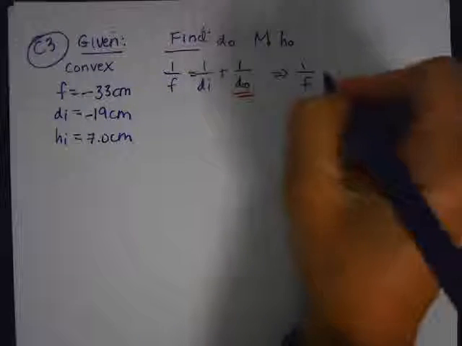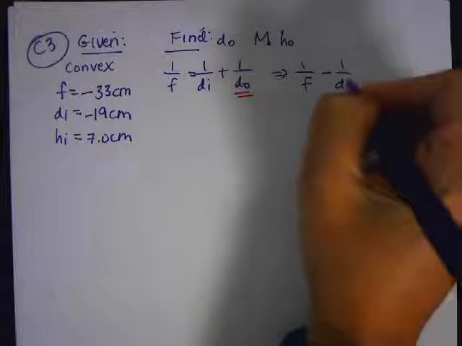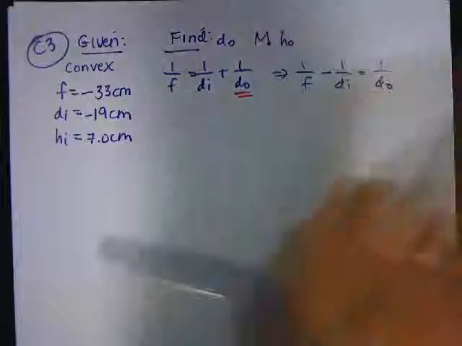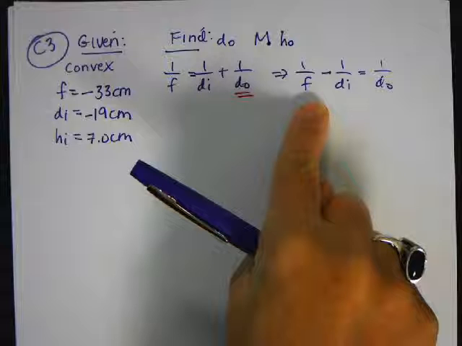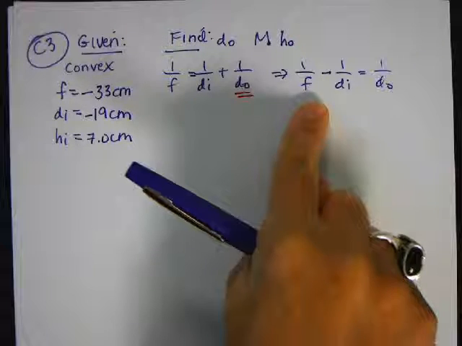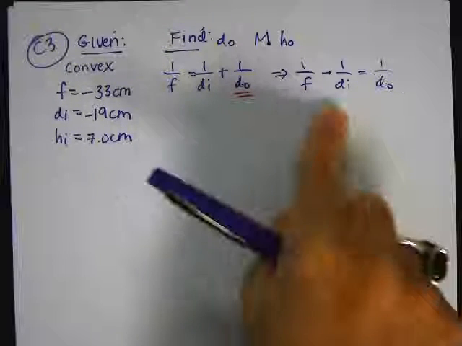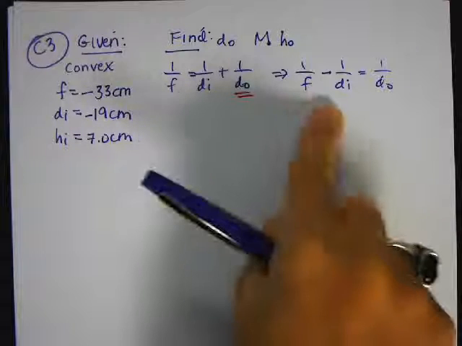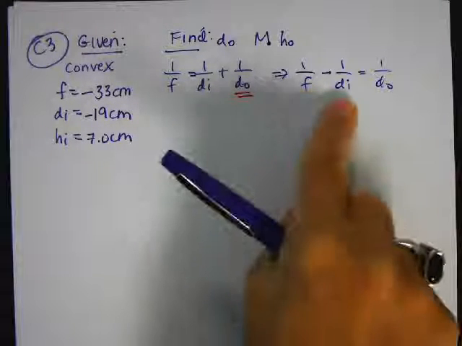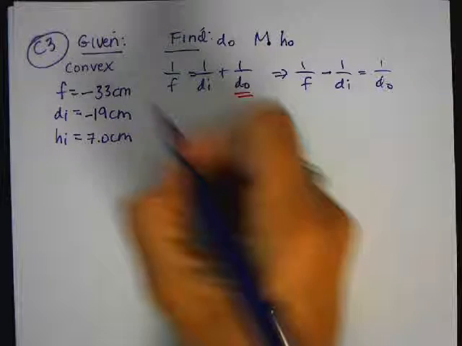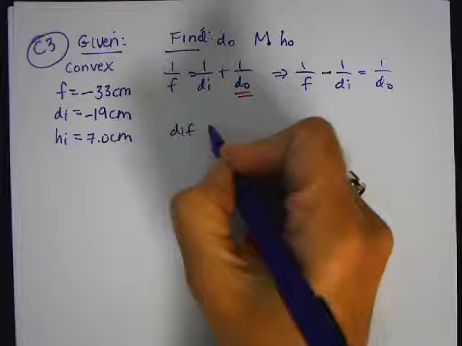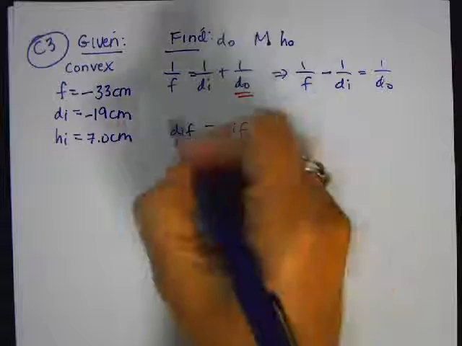So 1 over F minus 1 over DI is equal to 1 over DO. Now I can't subtract these because they're fractions and they have a different denominator. Okay? So back in 5th grade we learned how to find a common denominator. So the common denominator between these, I'm going to have to multiply them, which would be DI times F. So I have DIF minus DIF.